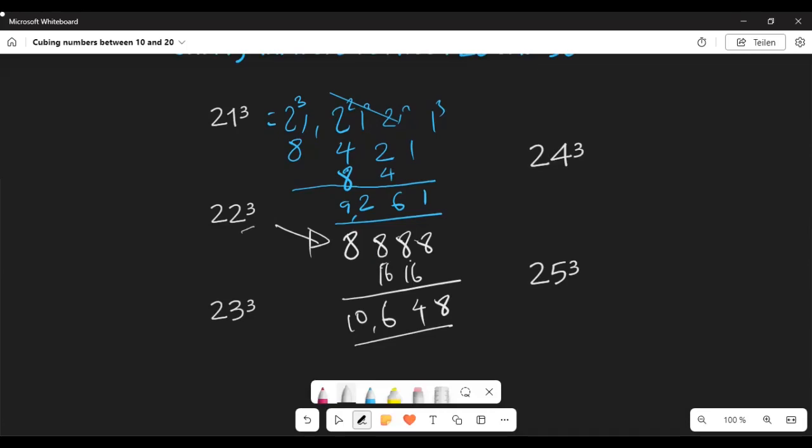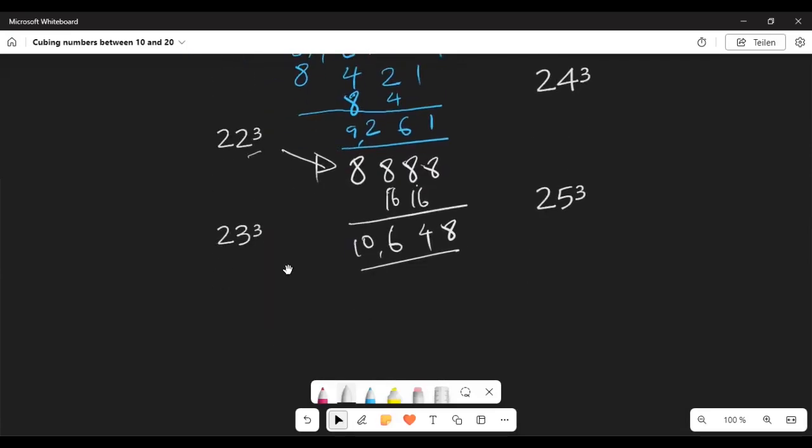And then let's do the last one, which is 23. The same method applies. So this is how we're going to put it. We're going to have 2 cubed multiplied by 3. And then 2 squared multiplied by 3 squared.